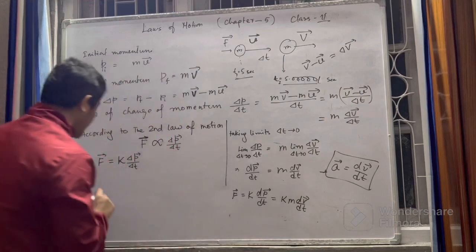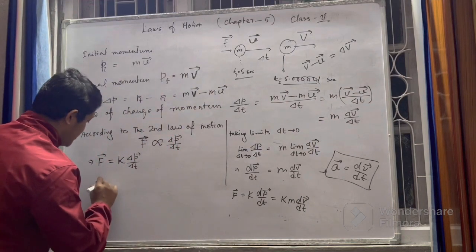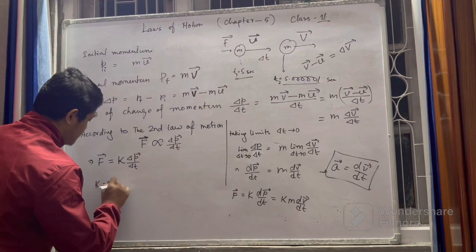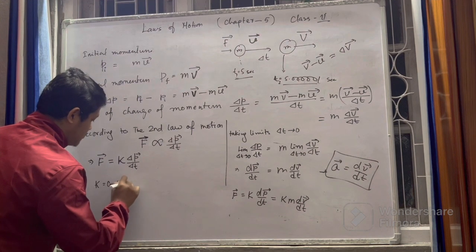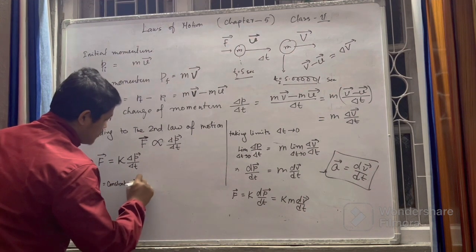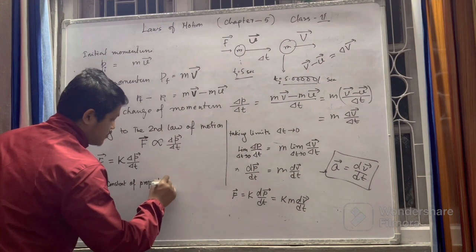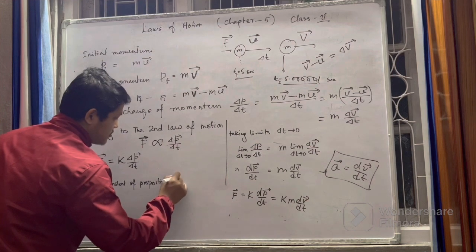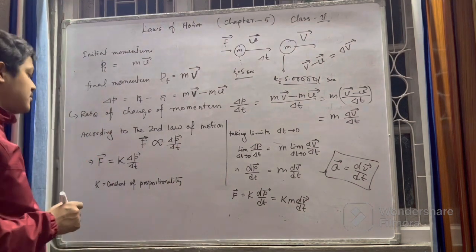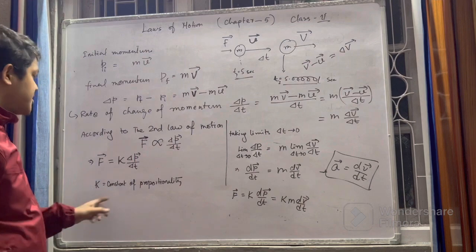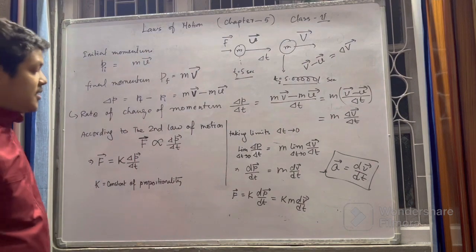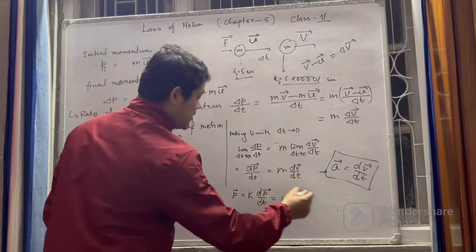So what is k here? K is the constant of proportionality, right? Then we will get this relation here.